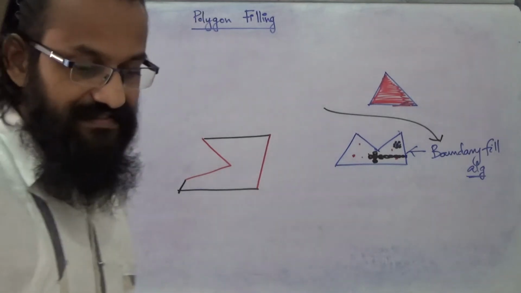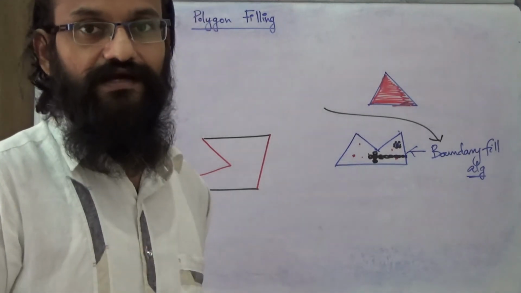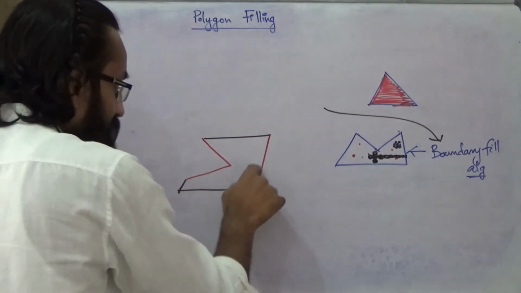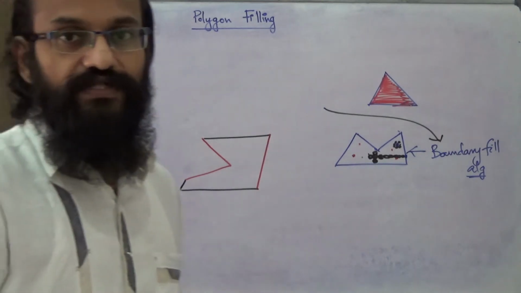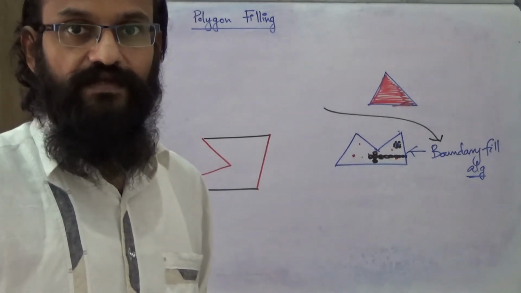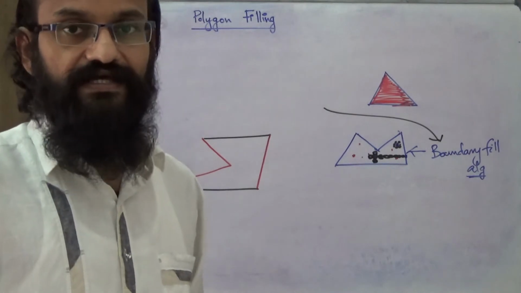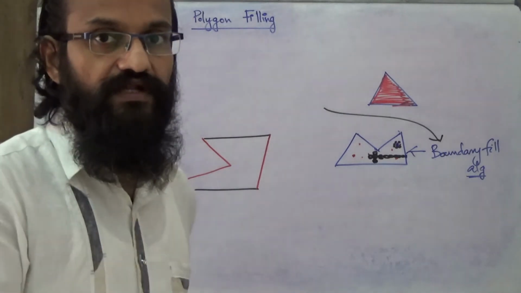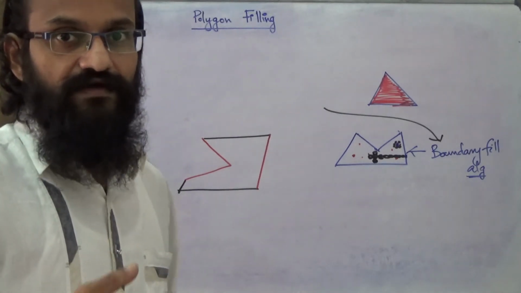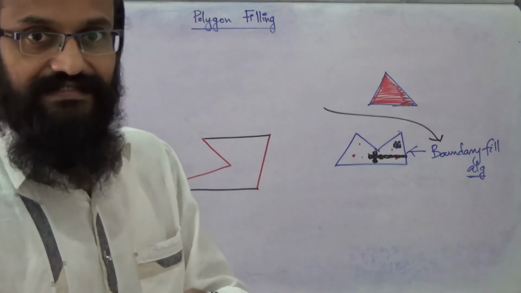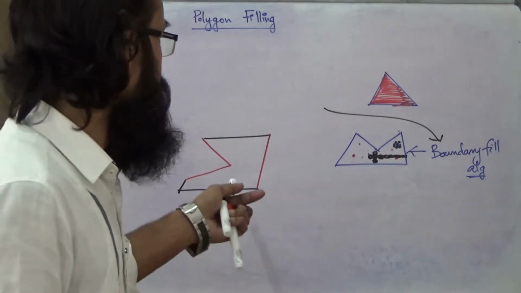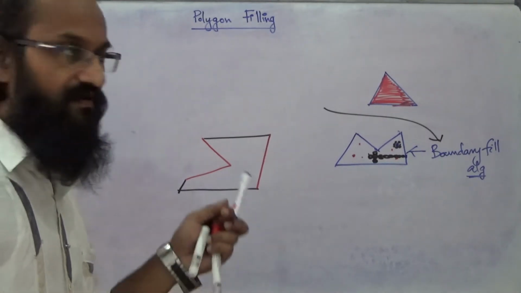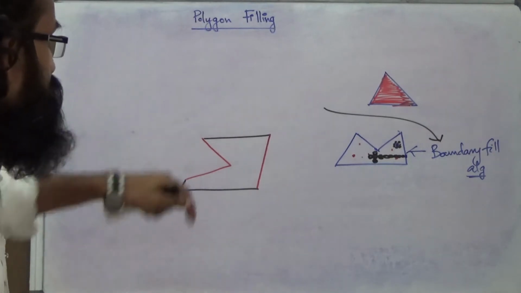So boundary is not of unique color. But if you consider its interior pixels, interior color is unique. So interior pixels are of same intensity. Boundary can be of varying intensity, varying color. So in such situation, it is not possible to use boundary fill algorithm, because boundary fill algorithm will fill the interior pixels until it reaches the boundary color. But here you are not having a unique boundary color. So boundary fill algorithm will fail to work for this polygon.